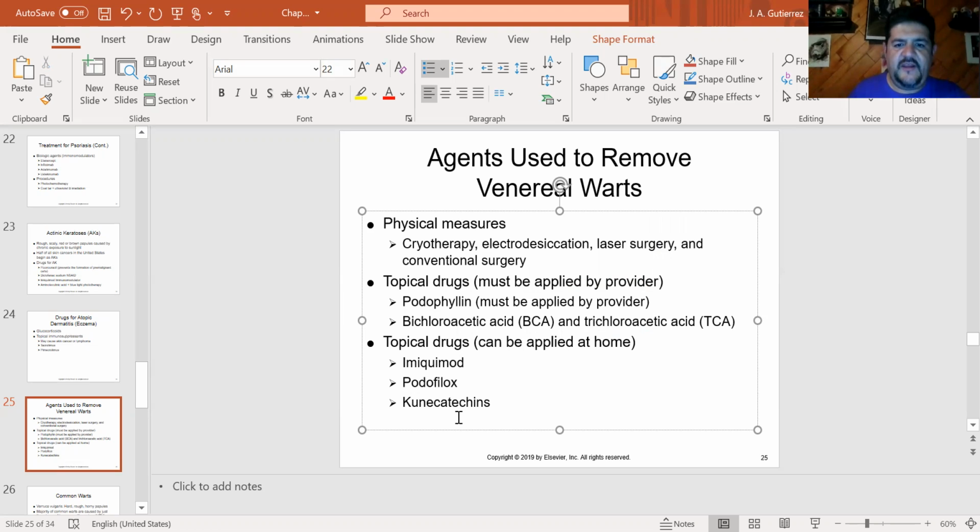And then we have the Kuntakins, which you buy OTC without a prescription. They are basically the same, but the strength of the drug is less.